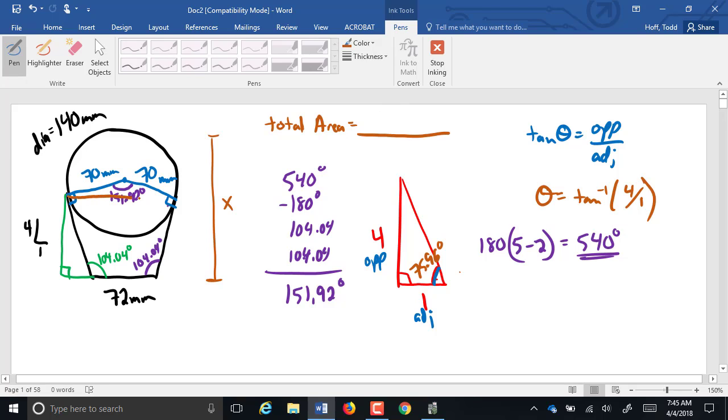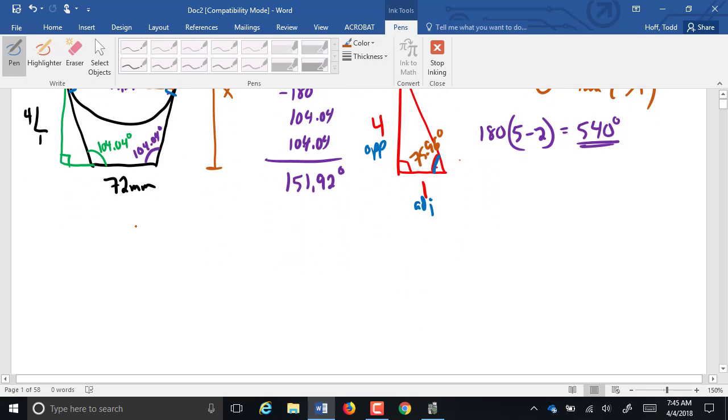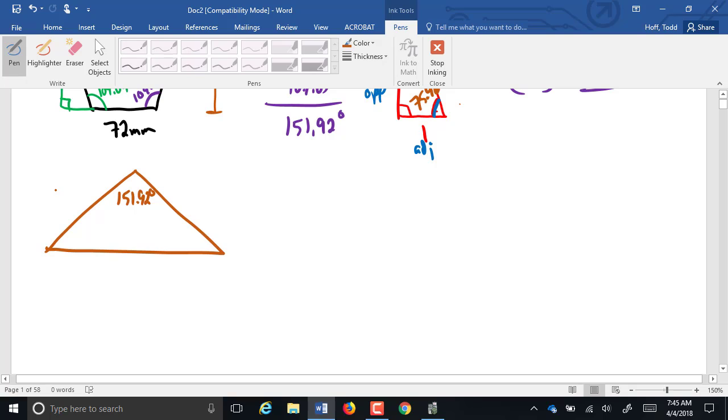Now, I'm going to cut this across there. Cutting that across there gives me this triangle: 151.92 degrees, 70 millimeters and 70 millimeters. I know these two angles have to be the same because this is an isosceles triangle.